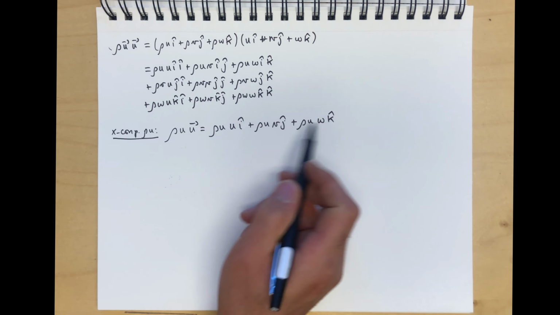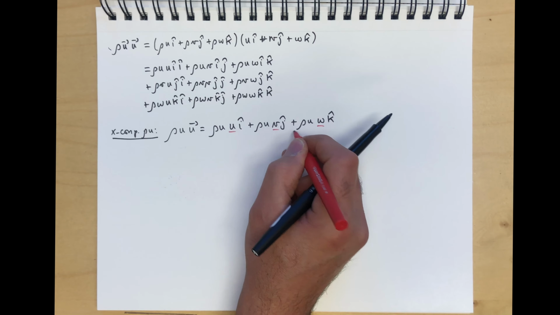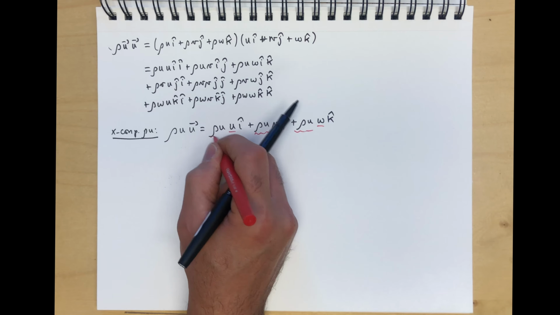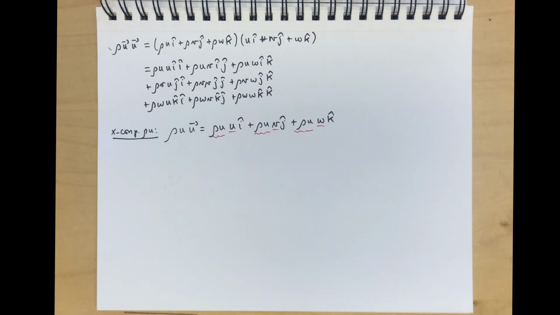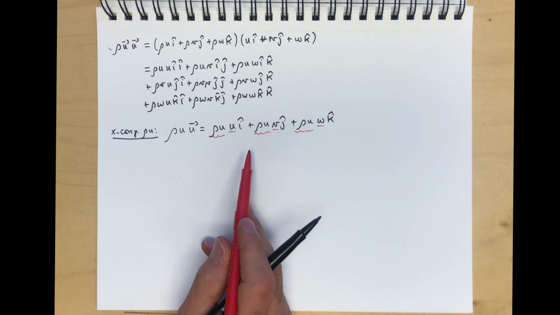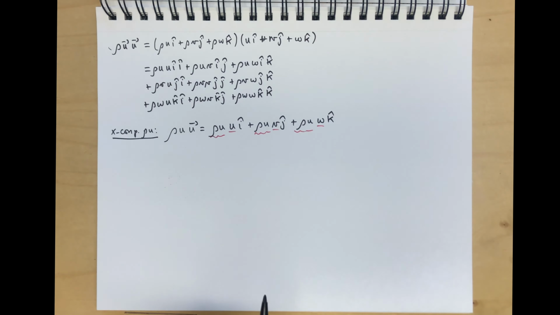So u, v, and w, these velocity components, are transporting the momentum rho u, the x component of momentum, through the different directions, right? So in this case, the second index is really not a face like with the stress tensor. It's a component of the velocity field, or the other components of momentum.